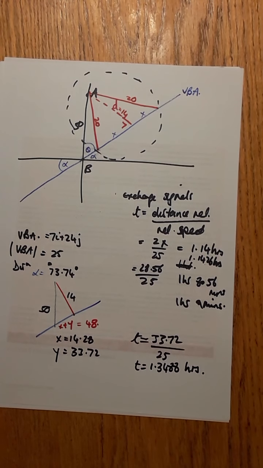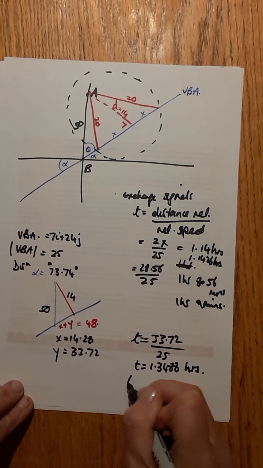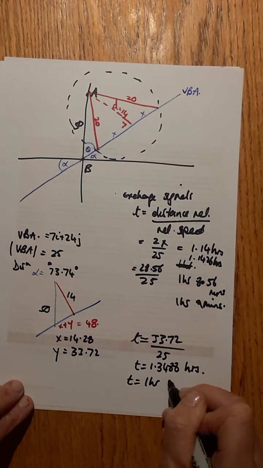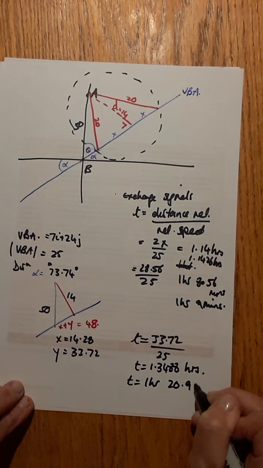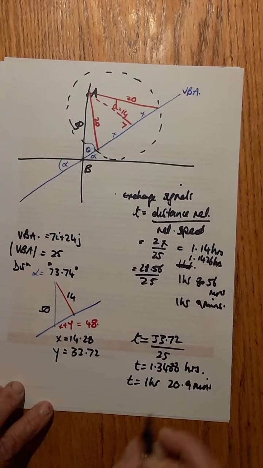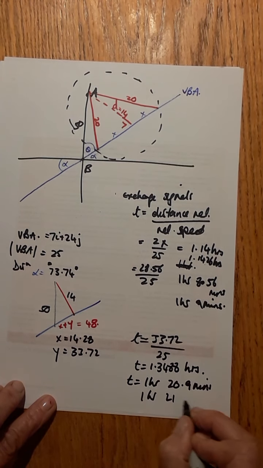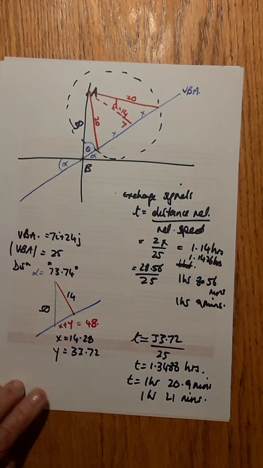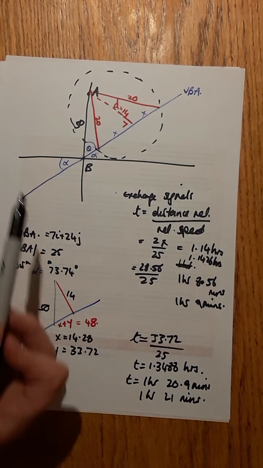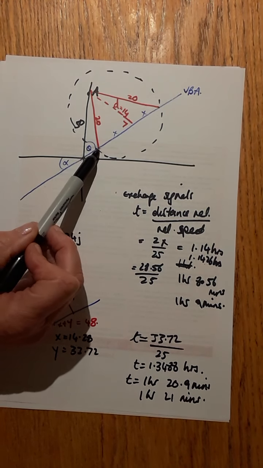And if I turn that into minutes, 0.3488 multiplied by 60 gives me 20.9 minutes. So I'll say 1 hour, 21 minutes is how long it takes to get from there to there.